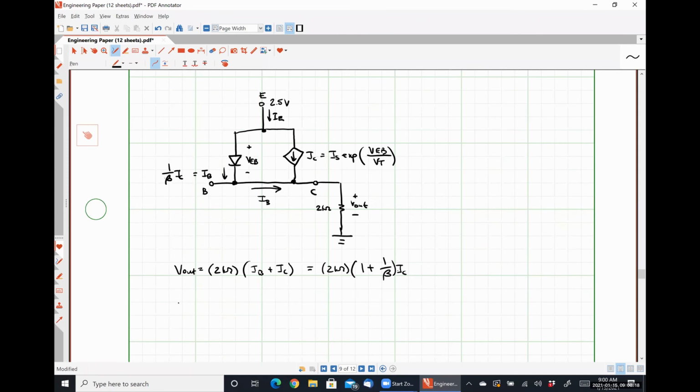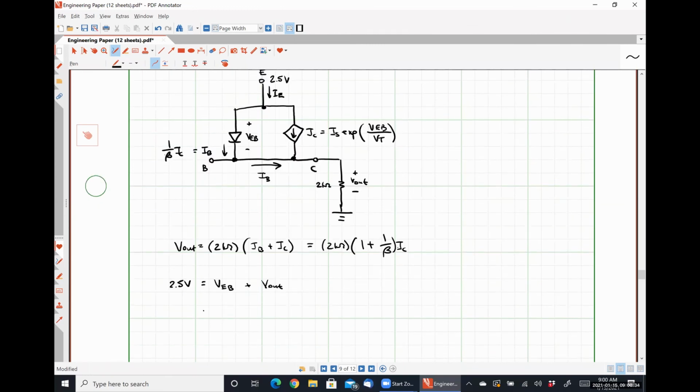So we can say that 2.5 volts, our power supply voltage, is equal to VEB, which we don't know, plus V out, which we don't know. But since V out can be expressed in terms of IC, we've already done that part.